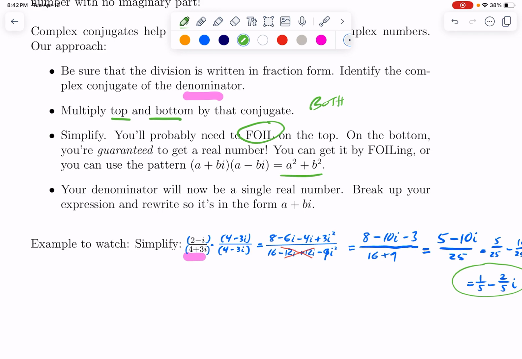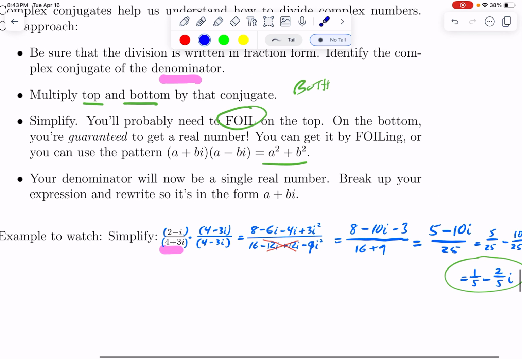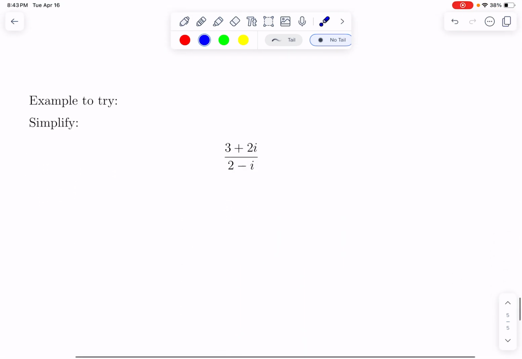You might notice that what I ultimately got in the bottom was 16 plus 9. The 16 came from the 4s, the plus 9 came from the 3s. If you do that, you'll then have just one single number in your denominator, so you can break up the expression and write it as two different fractions. So try this example. Hit pause and give it a shot.